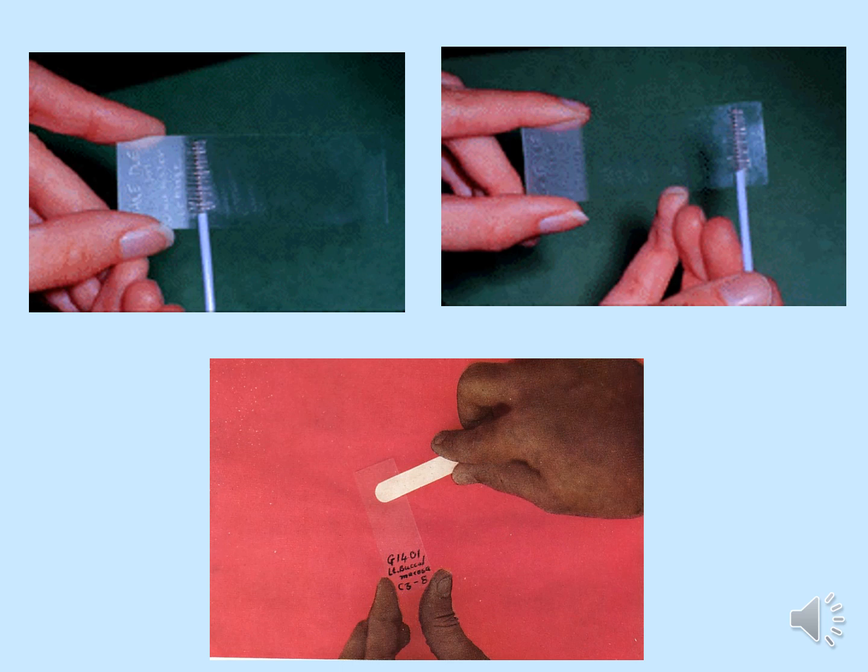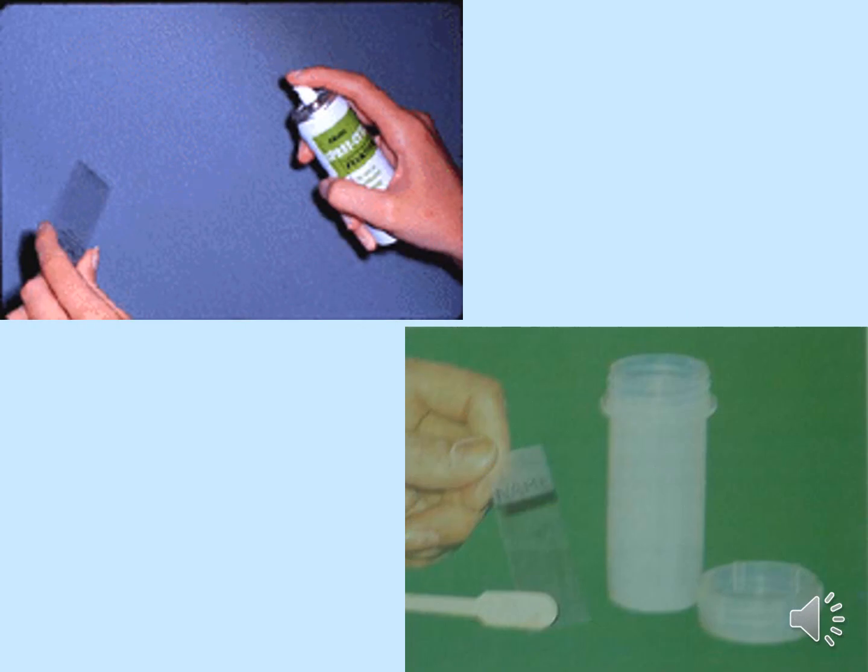You roll the brush over, or spread it using the spatula, then use a spray fixative and dry the slide. Then you transport it to the lab, where they stain it and examine it microscopically, and they are able to tell you if the morphology of the cells is normal or abnormal. So this is an example of a non-invasive procedure.